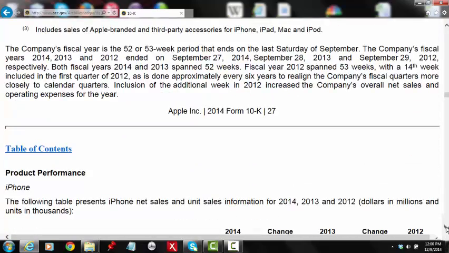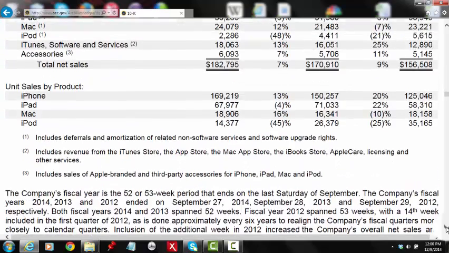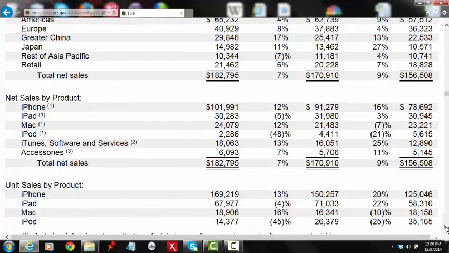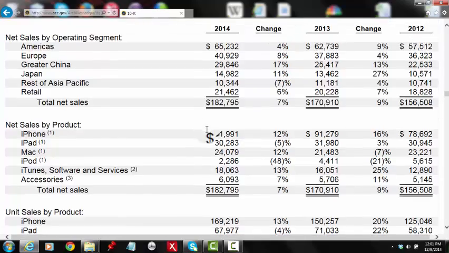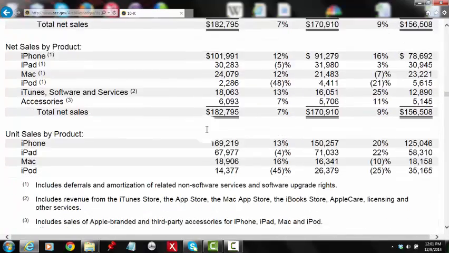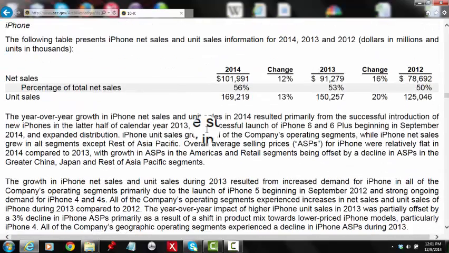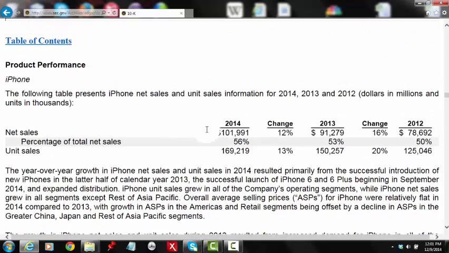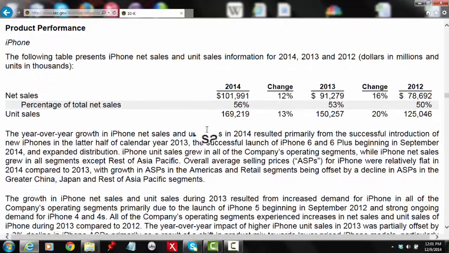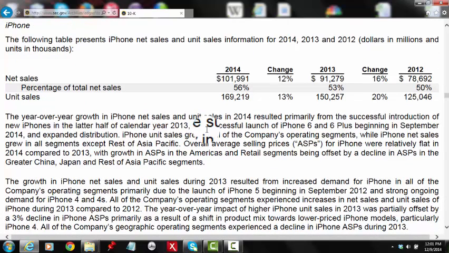So this was a very good way of figuring out how Apple is making money, right? So we saw by product, and we saw from which place it's getting. Now if we come down here, it gives some basic reasons also, so why Apple's revenue grew 13%.